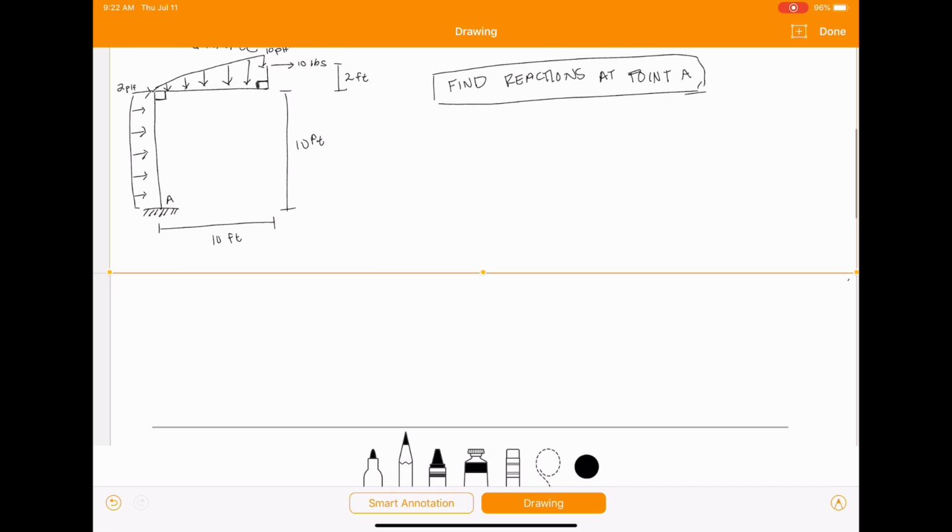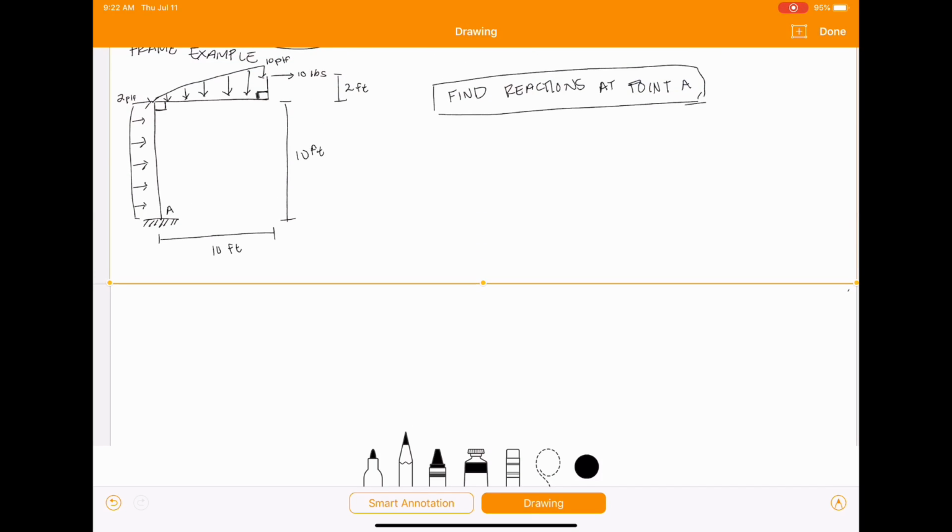So we're of course going to start with our free body diagram. And in drawing a free body diagram, you always start with your system or your component that you're looking at. And then you can apply the forces.